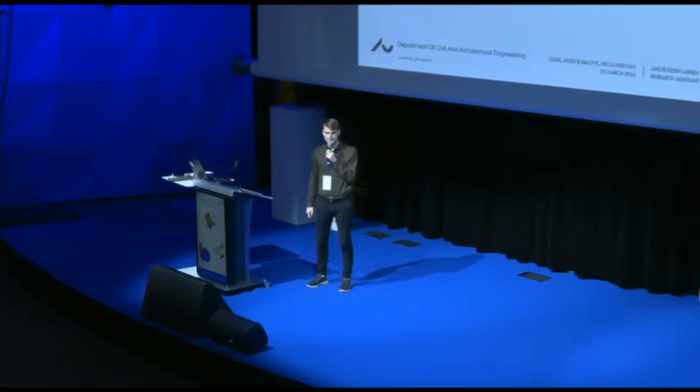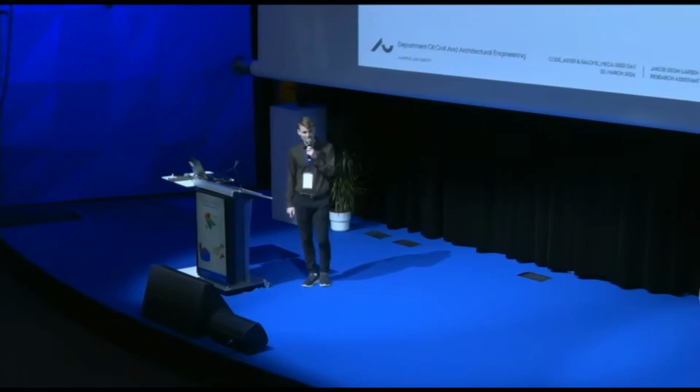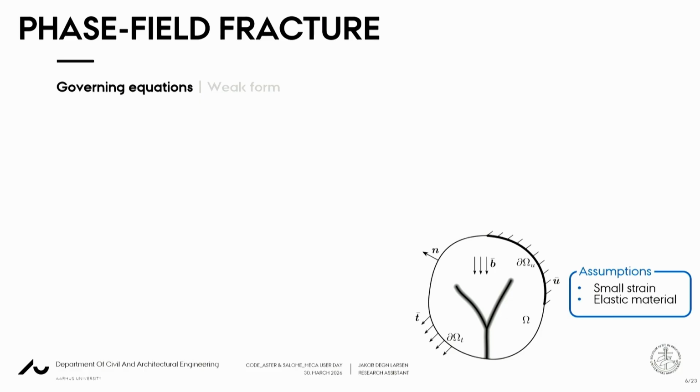Let's look at the equations of phase field fracture, because this is what we need to implement and solve using Code Aster. So phase field fracture has 2 governing equations, which are coupled partial differential equations. We have a mechanical equilibrium equation, which looks like this.